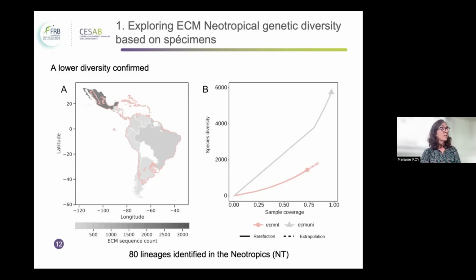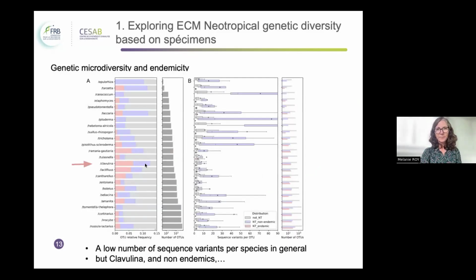It means there are a lot of things deposited in the herbaria that are perhaps pooled at the genus level, but there is a huge diversity. It's still less than worldwide. For sure, there is less diversity in the neotropics for ectomycorrhizal lineages than elsewhere, but still we detected 80 of the 87 lineages, and we detected a high diversity, more than we expected.